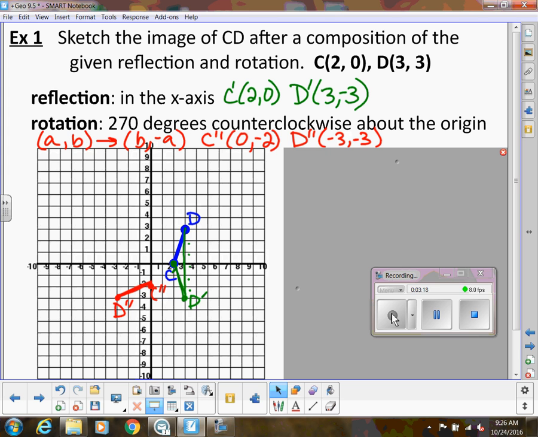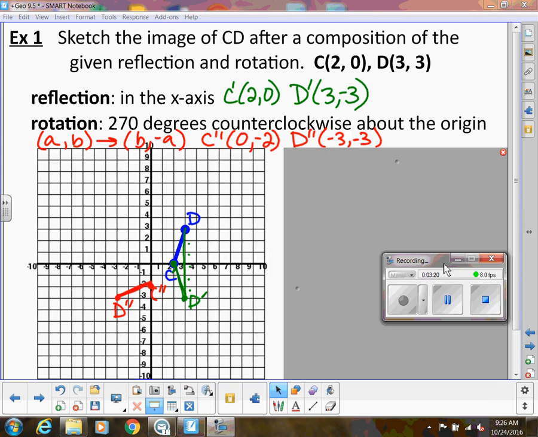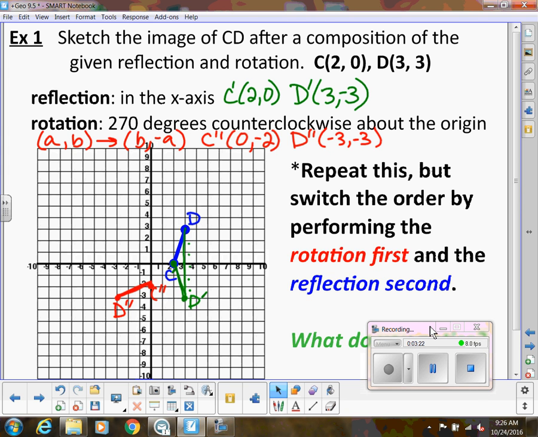Now, what we're going to do is the same process, but I'm going to switch the order. So we're going to do the rotation first, and then the reflection. We'll see if that affects anything. So I'm going to erase all this. And I'll do this in blue.